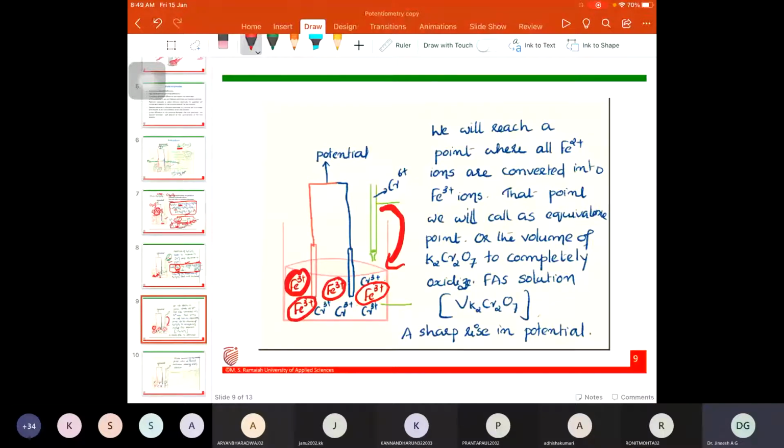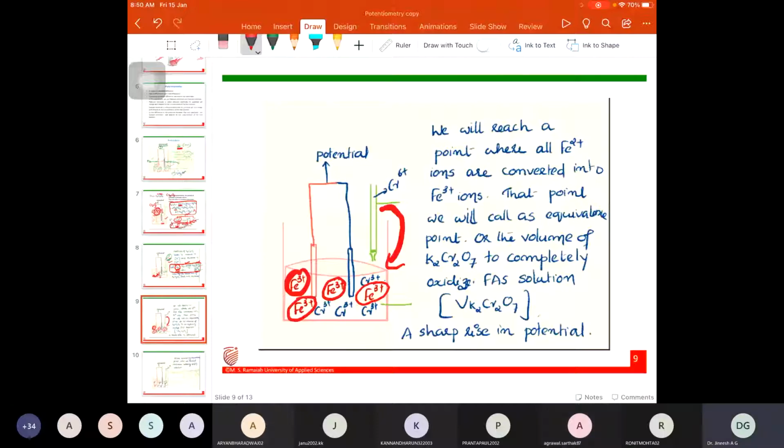Now, whatever potassium dichromate you are adding after the endpoint, is that potassium dichromate going to react? No, sir. No reaction, because the complete Fe2+ is consumed, right? Now there is no reaction. Clear?